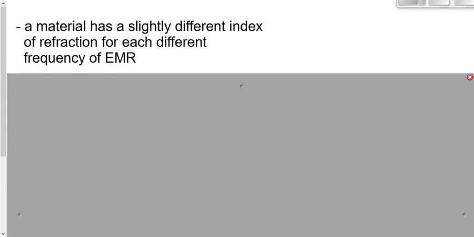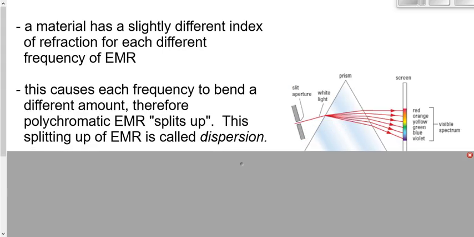When polychromatic light comes from the sun, appears to be just white or yellowish light, consisting of many colors, encounters something like a prism, or water vapor, or water droplets, or that corner display case out by the cafeteria, each different color bends a different amount because there's a different index of refraction for each different color. The material that it goes through has a slightly different index of refraction for each different frequency or each different color. That causes each one to bend a different amount and split up.